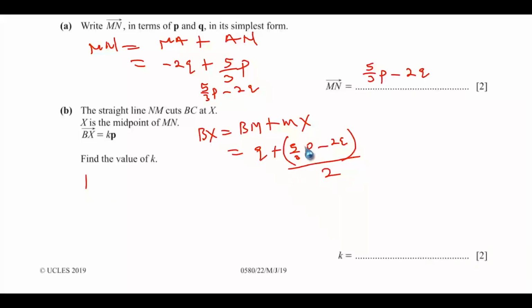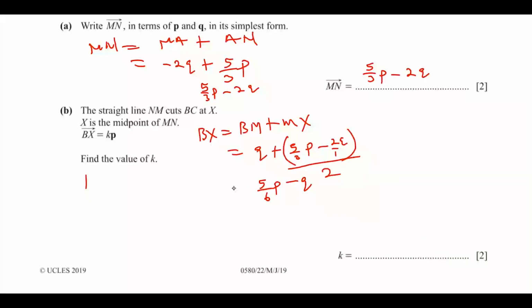So that will be the value of vector MX. You are dividing 5 by 3 and dividing by 2, so that means you are dividing by 6. So multiply by p, then minus, you are dividing 2 by 2, so you'll be left with q. That is the easiest way you can simplify this.